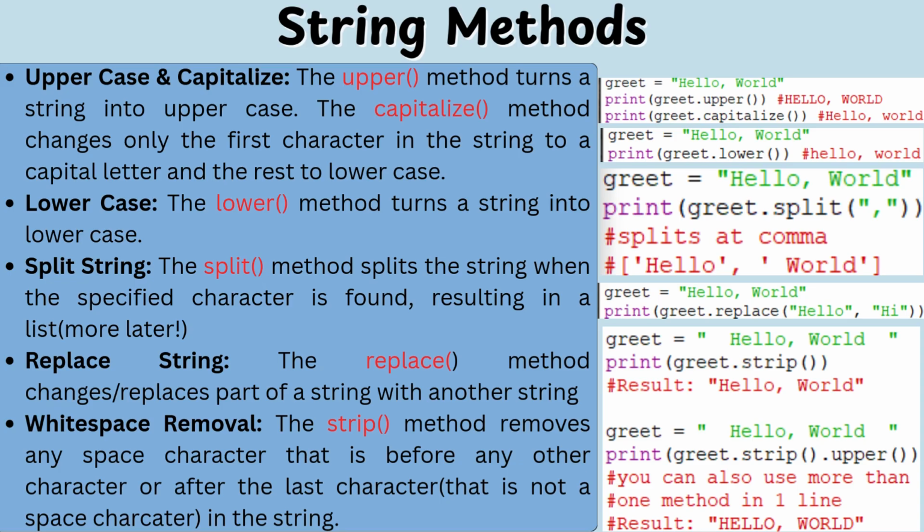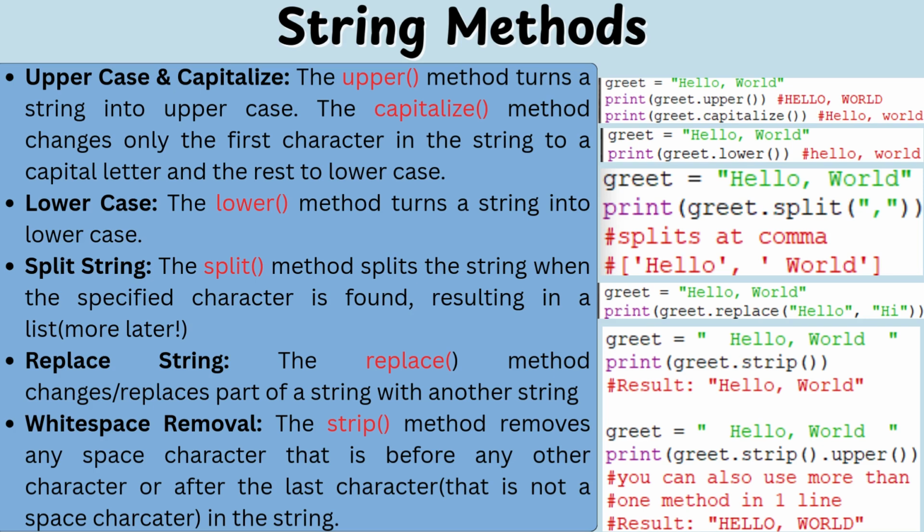We're going to be talking about a few string methods. There'll be a later video about this. It's going to go much more into detail, but we're just going to touch on it a little bit here. So the first method we're going to talk about is upper and capitalize. The upper() method turns a string into uppercase. So it's very simple what it does.